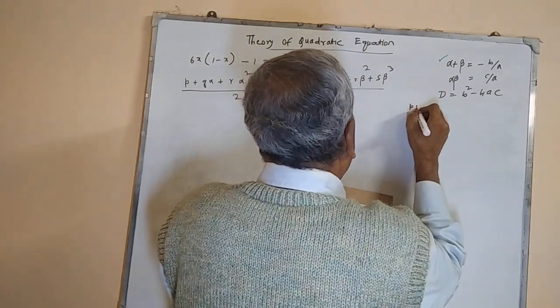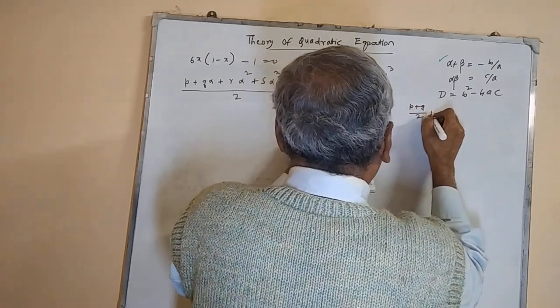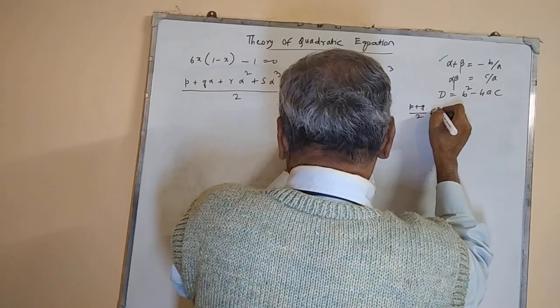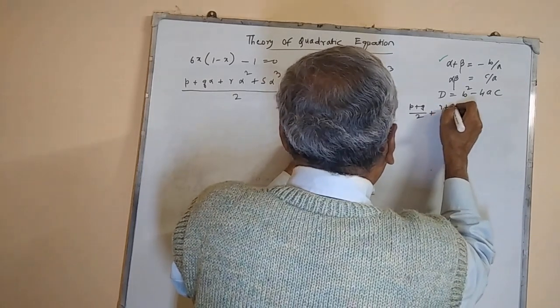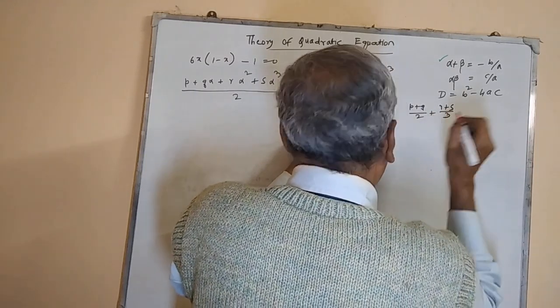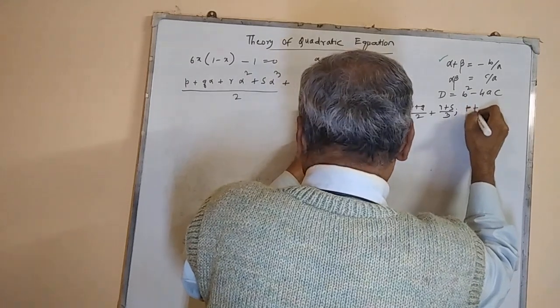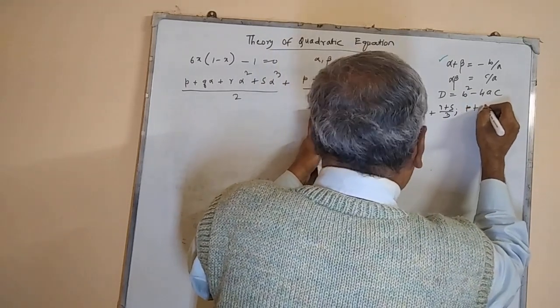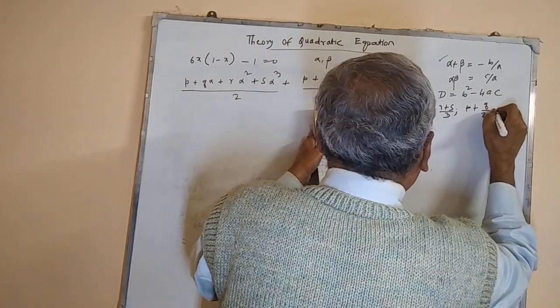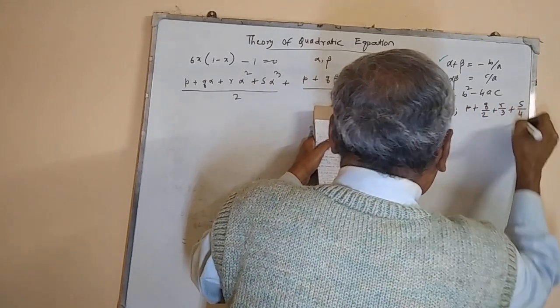The options are: number 1, p plus q by 2 plus (r plus s) divided by 3. Second option is p plus q by 2 plus r by 3 plus s by 4.